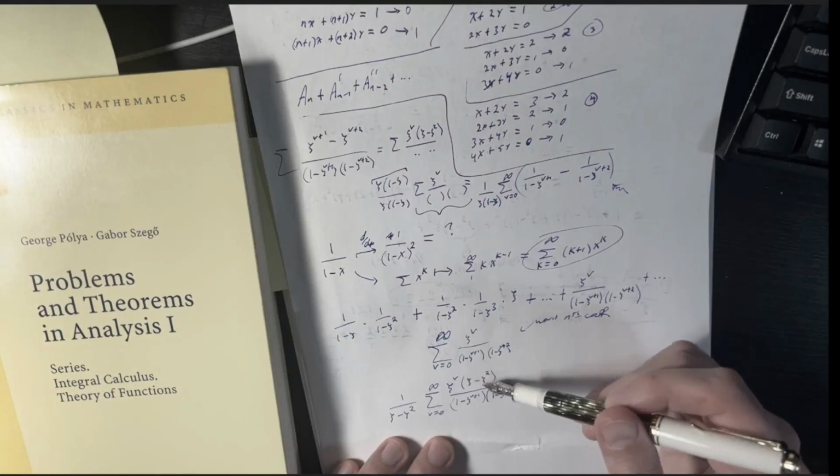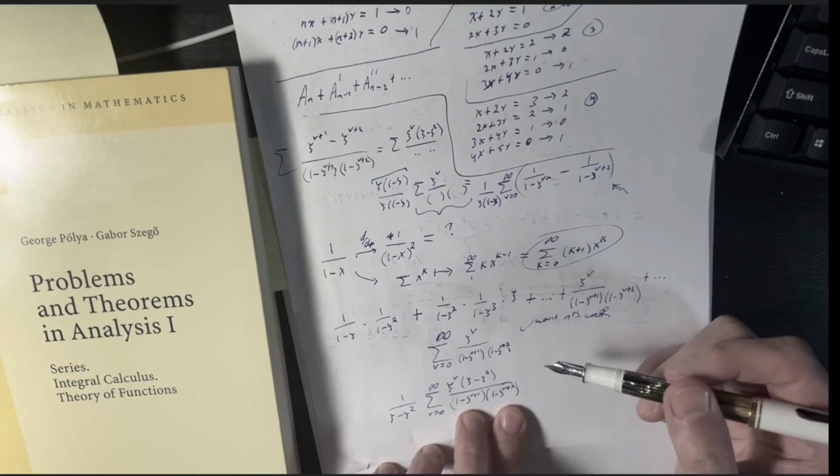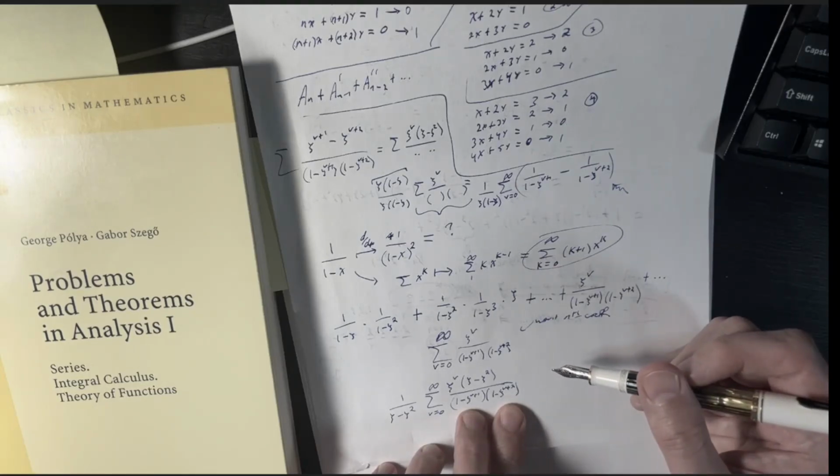Because now he's getting v plus 1 minus v plus 2, which, yeah, I can see it now. Fair enough.